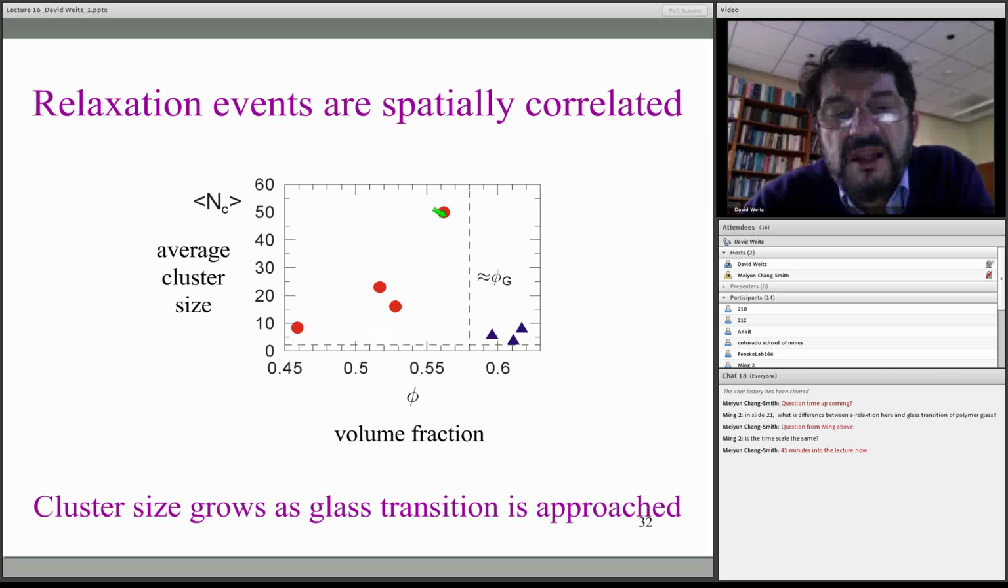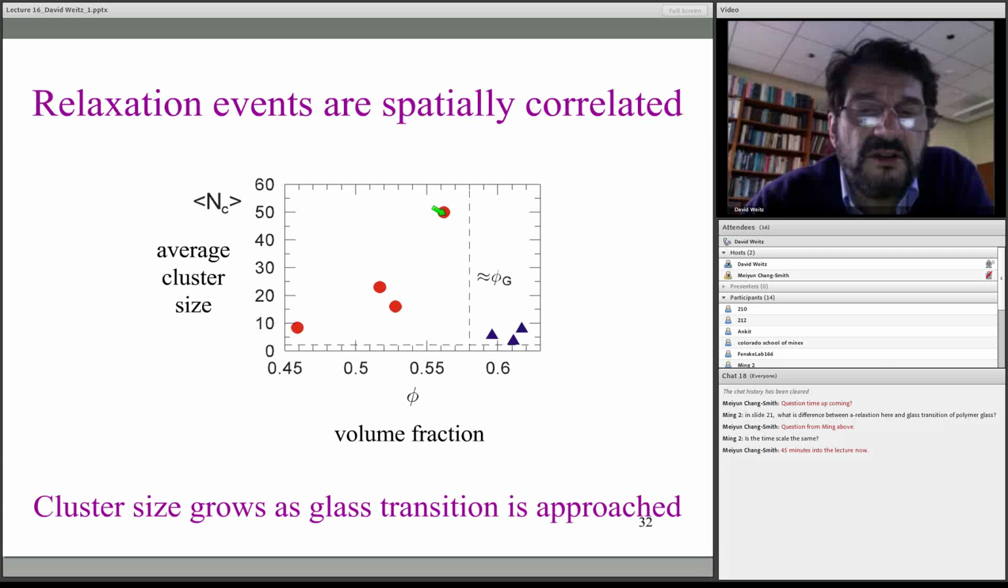So the time scale it takes for these relaxations at these very high length scales increases and begins to diverge. And there's still some debate. I don't think the data here are good enough to tell you whether this is a true divergence or just an increase. But this is what defines the colloidal glass transition.